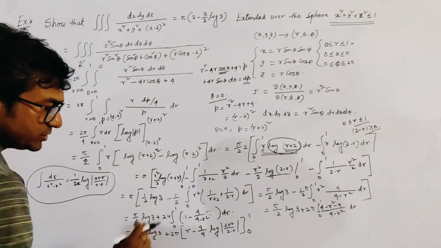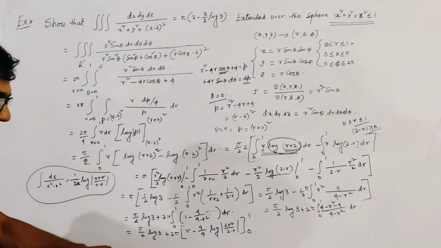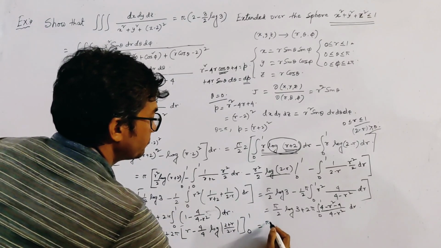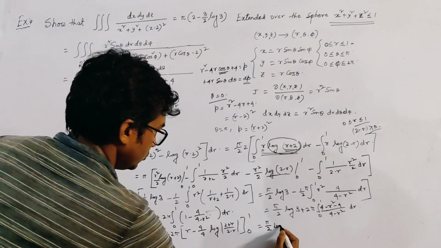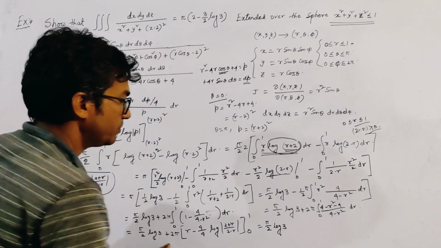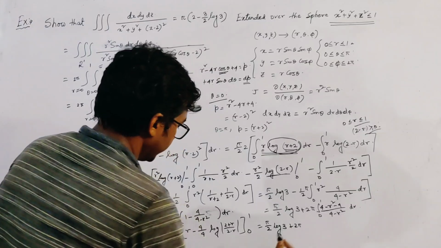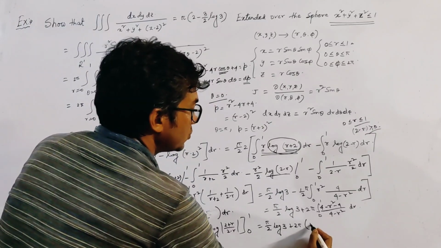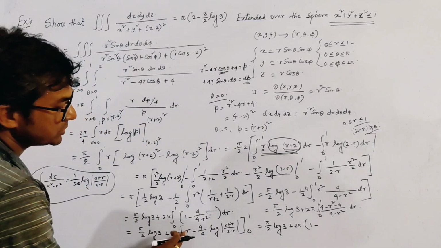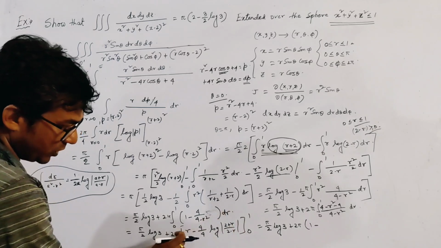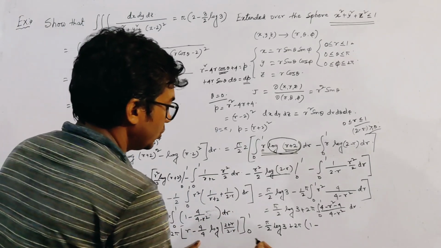So by putting the range, we get the value of the integration is pi by 2 into log 3 plus 2 pi into (1 minus log of 3), because this is 1 where we put 1.